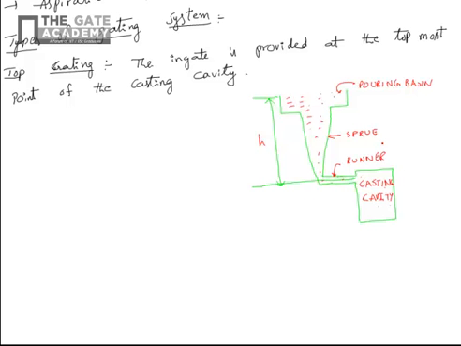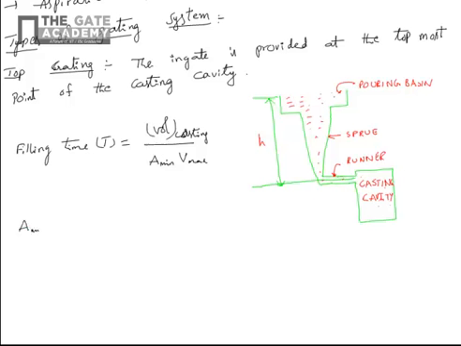Here, pouring time or filling time of the casting cavity, T equal to volume of casting divided by A minimum into V maximum.